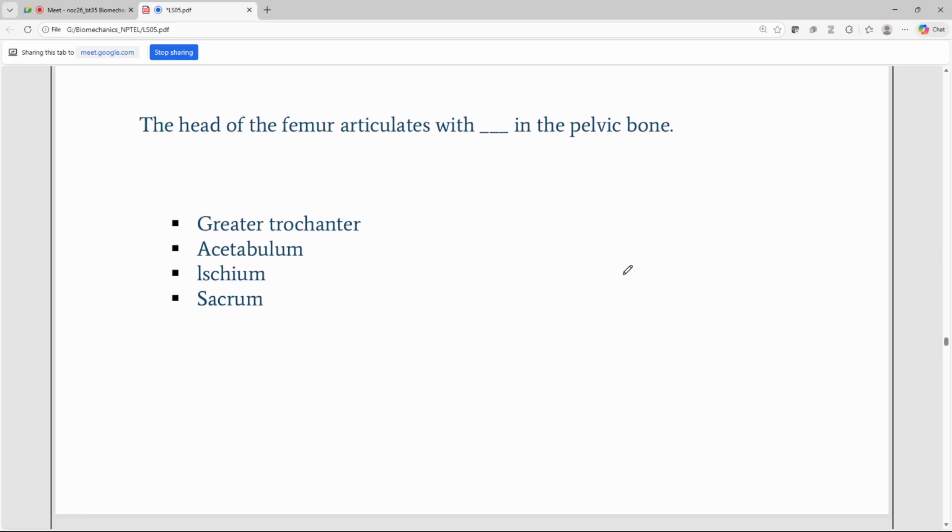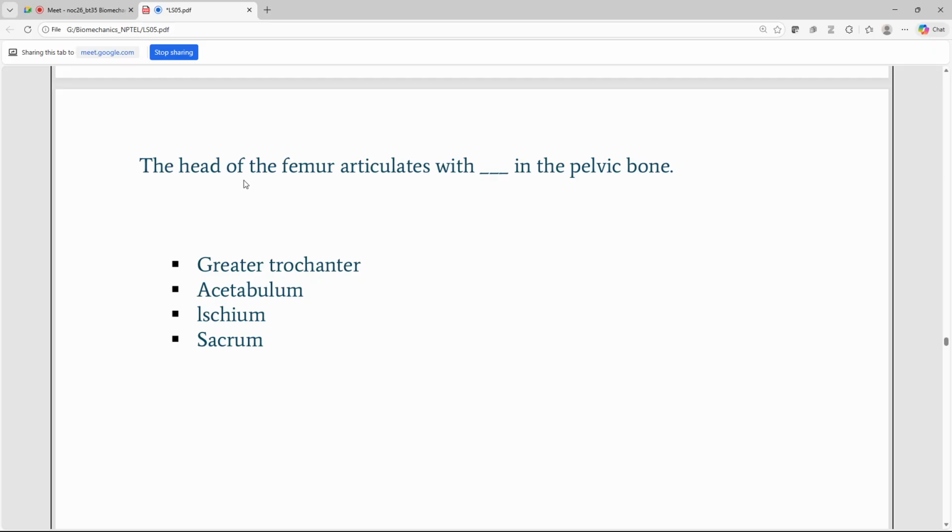This we have already seen. The head of the femur articulates with dash in the pelvic bone. Options are greater trochanter, second one acetabulum, third one ischium, fourth one sacrum. So with what does the femur articulate in the pelvic bone?